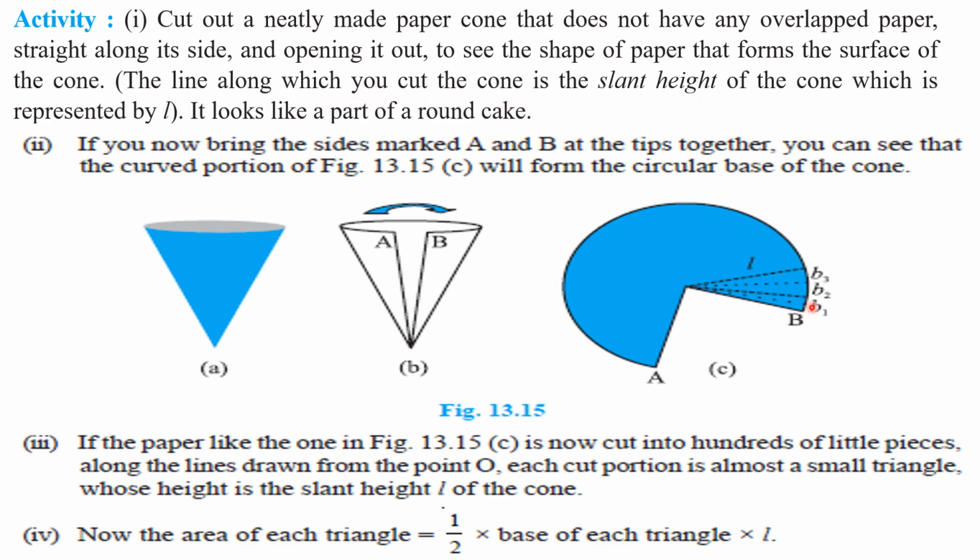Yes, the line along which you cut the cone is the slant height. This is nothing but the slant height of the cone, which is represented by L. It looks like a part of a round cake.